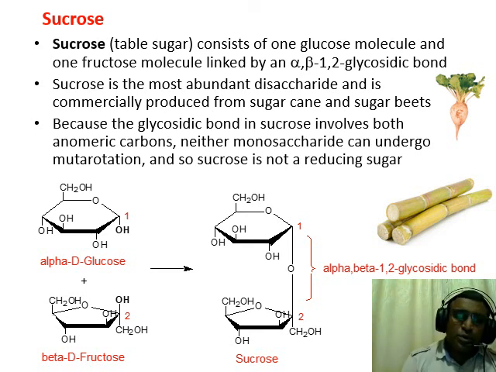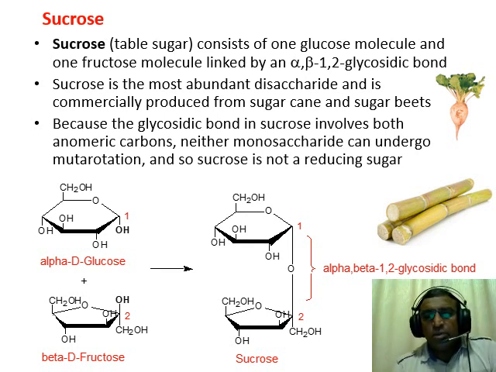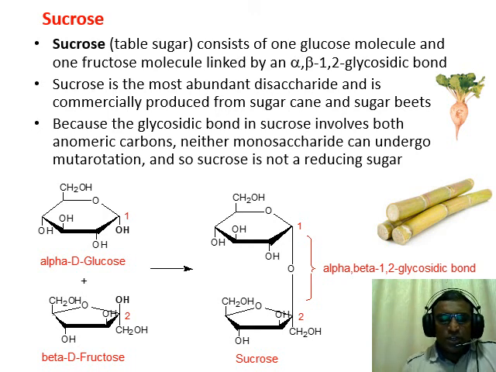Sucrose is made up of fructose as well as glucose. Unfortunately, the link keeping sucrose together is an alpha beta 1,2 glycosidic bond, and therefore none of the hemiacetals, which normally exist in the individual monosaccharides, are free.